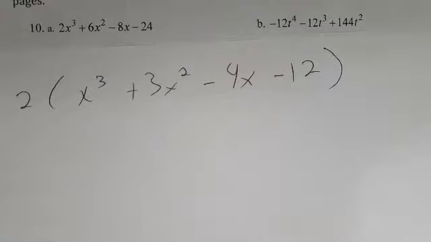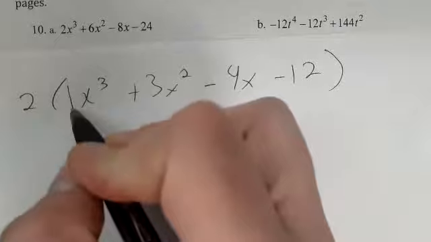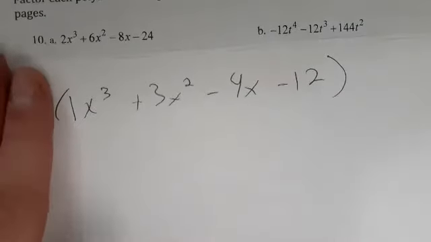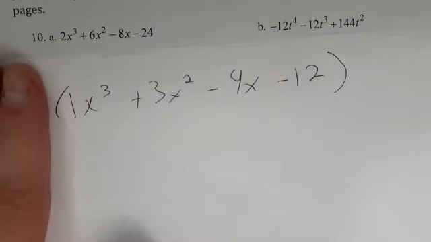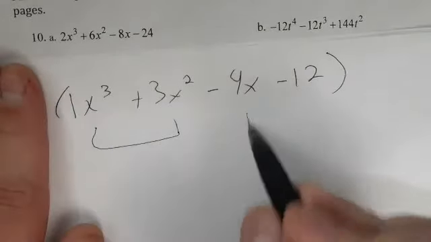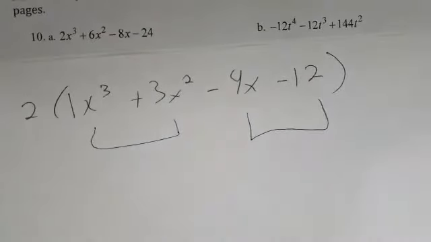The next thing I ask myself is, how many terms do I have? This 2 is just out here by itself. It's our GCF. Looking at the rest, how many terms do I have? 1, 2, 3, 4. How do I do 4 terms? Factor by grouping or doing the box method. So I'm going to do factor by grouping.